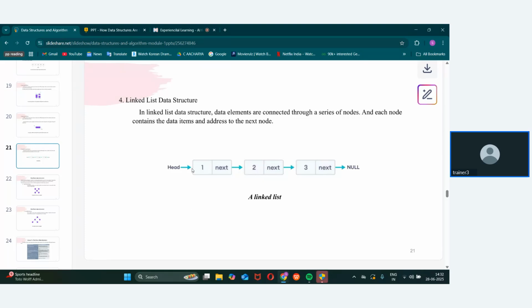So this contains the actual information, the element that the node holds, and then the next pointer refers to the memory address of the next node in the sequence. In the case of the last node, generally, it is pointed to null.